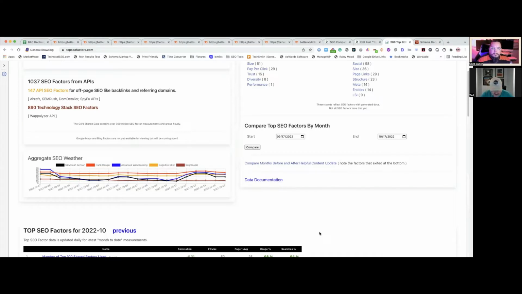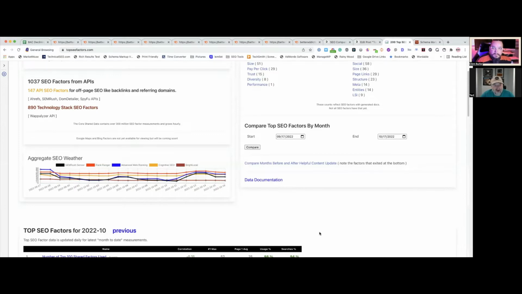And the thing about the aggregate SEO weather is that all these services, they have their own methodologies and their own scales for scoring things. And so what I do is I gather their overall scores for SEO weather and I normalize them to a 100-point scale and I plot them together.